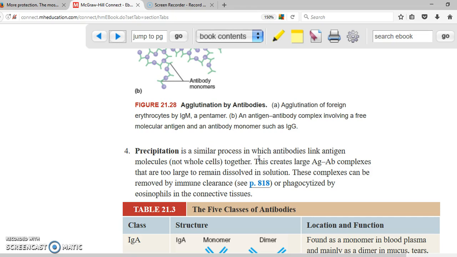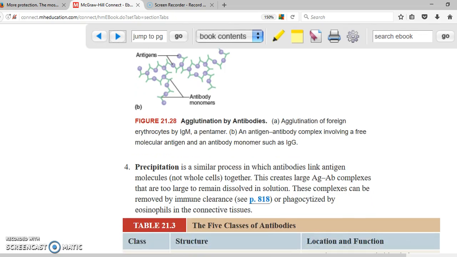They are so big that they cannot remain dissolved in the solution, and because of that they precipitate. They fall into different areas of your body, but unfortunately they can be removed by the presence of macrophages, for example.